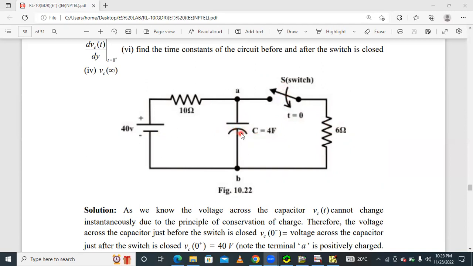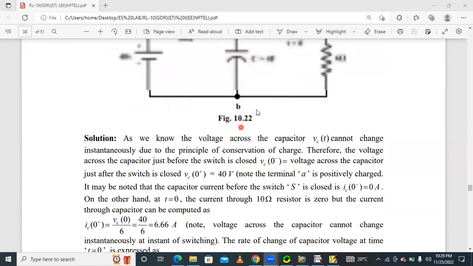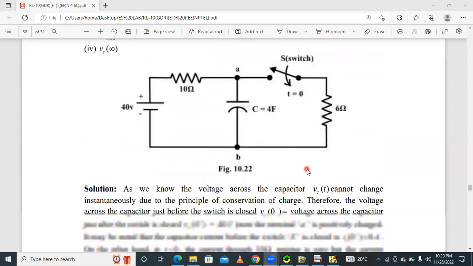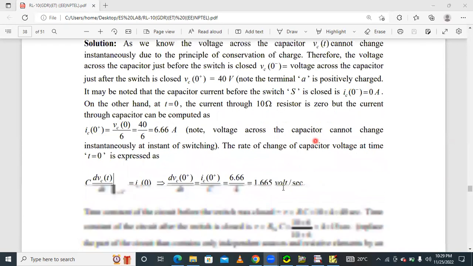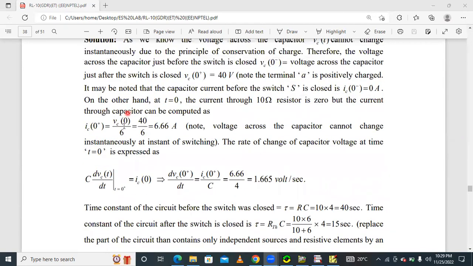So 40 by 6 is the current flowing through the capacitor, IC of 0 plus, just after the switching action. The 40 volt source is connected in parallel with the capacitor branch. So IC of 0 plus is equal to VC of 0 by 6, that is 40 by 6, which is equal to 6.66 amps.